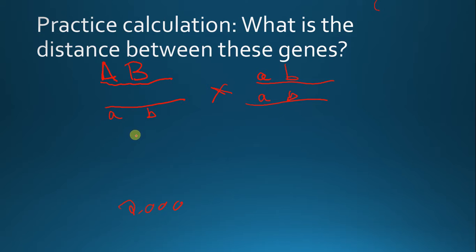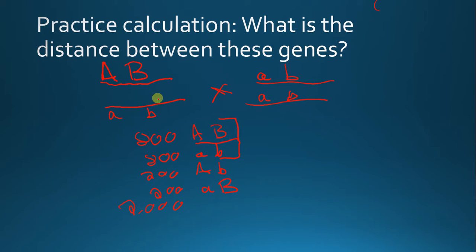Of the 2,000 offspring, let's see, 800 are dominant A, dominant B. 800 are recessive A, recessive B. 200 are dominant A, recessive B, and 200 are recessive A, dominant B. The first two follow the linkage pattern and are what we call parental genotypes.